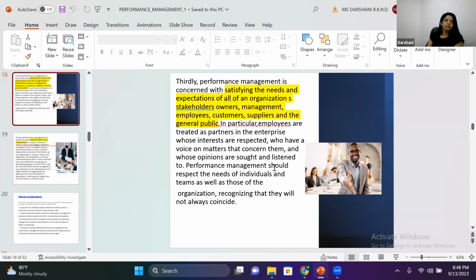It is mandatory for you to remember the things highlighted in yellow color, right? Because that is really important.